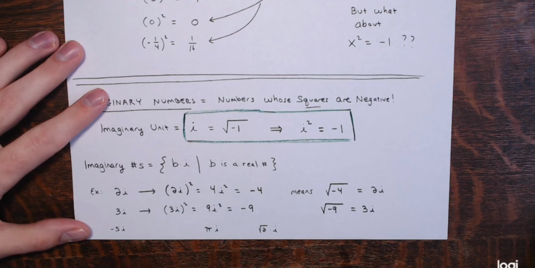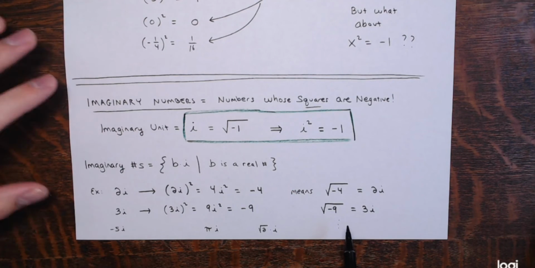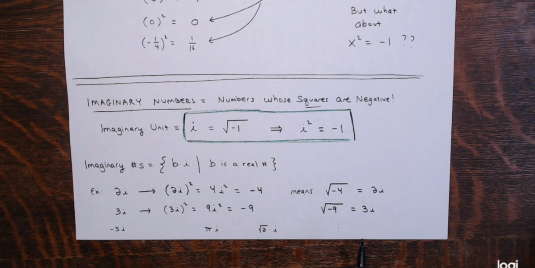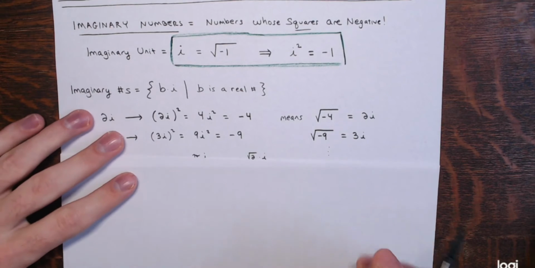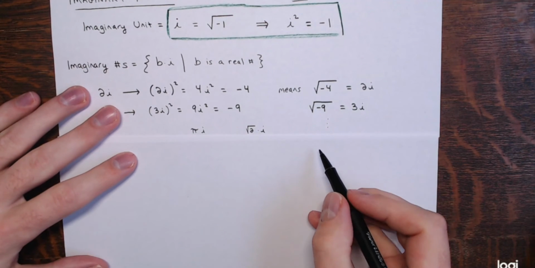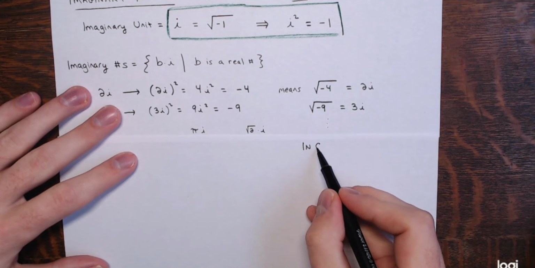And in fact, what I've got going on over here is something you're going to need to know. This is actually one of the objectives from this section. It's how to rewrite the square root of a negative number using the imaginary unit i. So in general, we're going to rewrite the following.